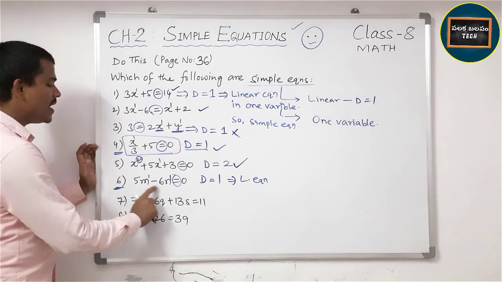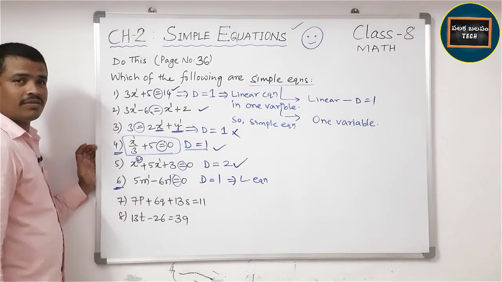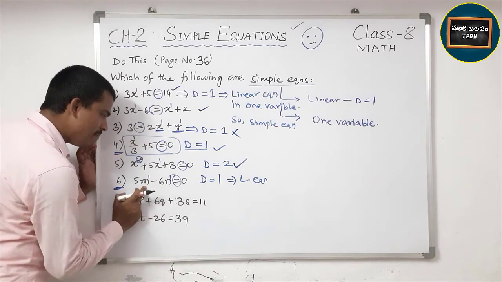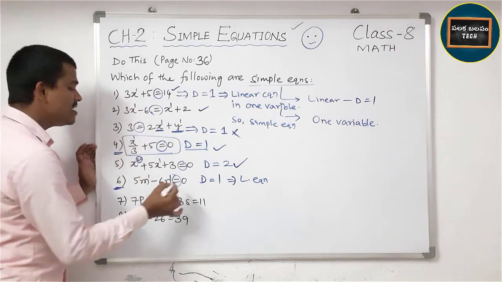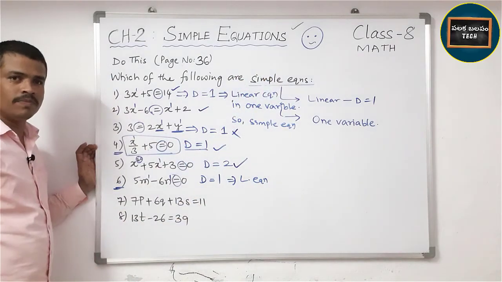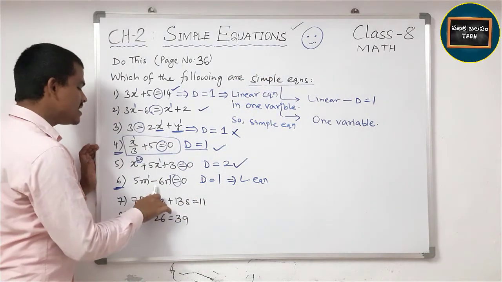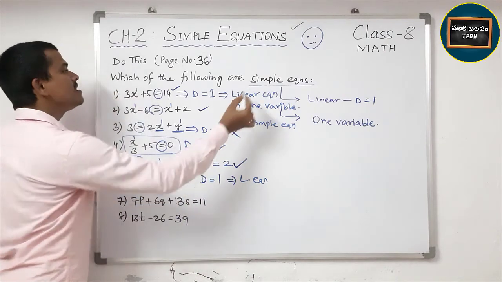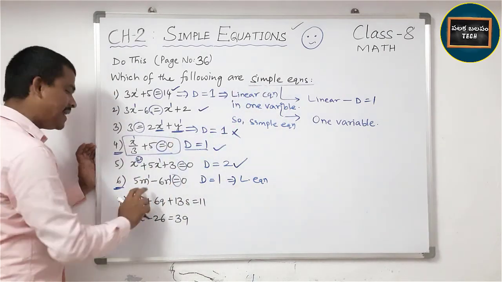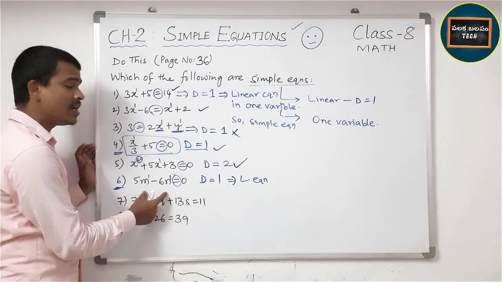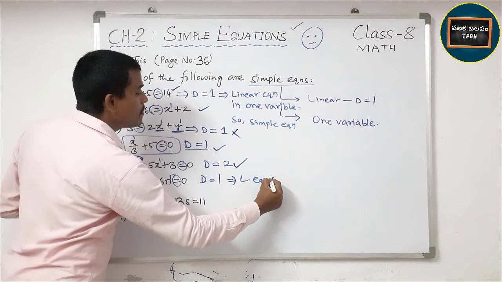Two variables, m and n. So it is a linear equation in the two variables m and n. Hence, it is not called a simple equation. A linear equation in one variable is called a simple equation, but this is a linear equation in the two variables m and n, so it is not a simple equation.